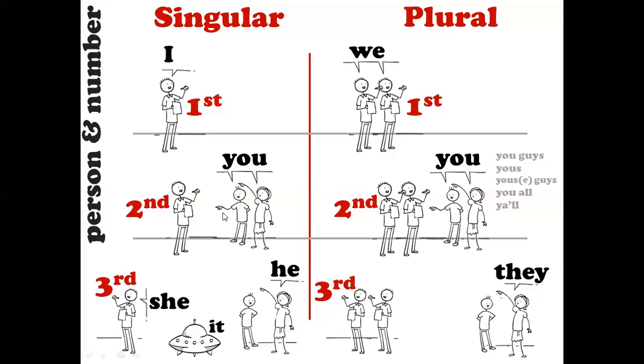Second person, you, the person that I am addressing. All right, so you. You can see the plural version in English is exactly the same. That's why we have to make slight changes to it to make our message clear. You guys, you all, or the popular y'all in the South.